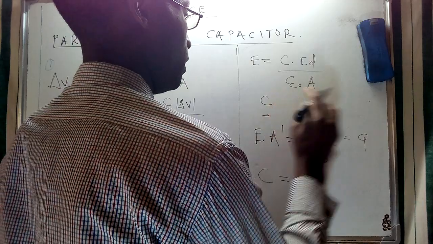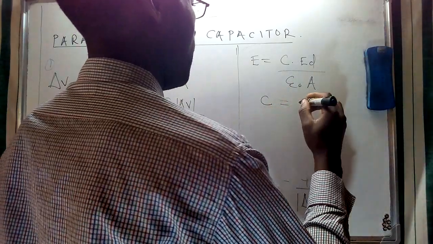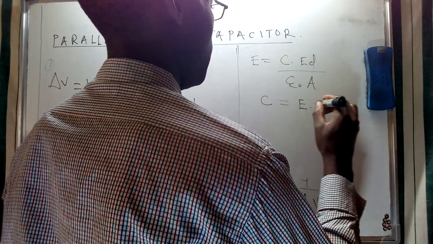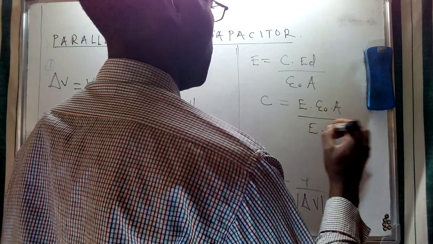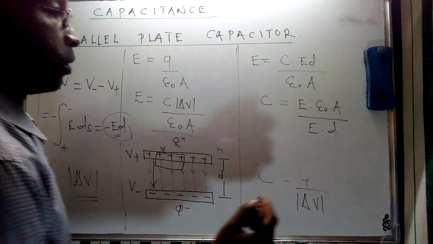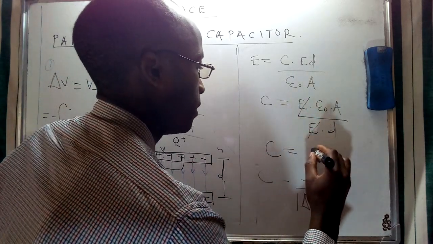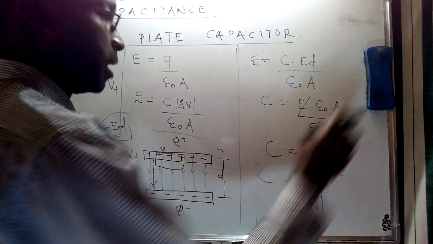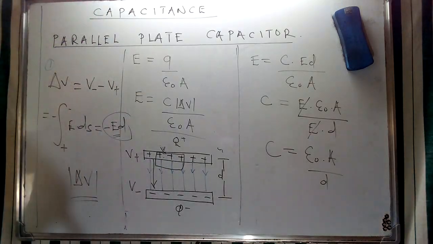So C is going to be represented as E epsilon naught A divided by Ed. Yes, so we're going to do a cancellation of this, and we're going to get the capacitance represented as epsilon naught A over d.